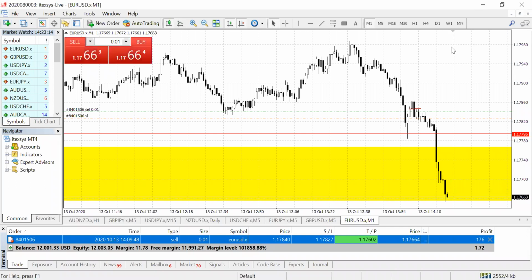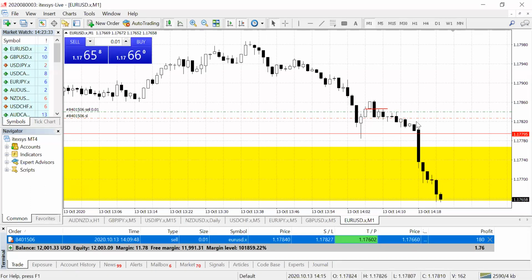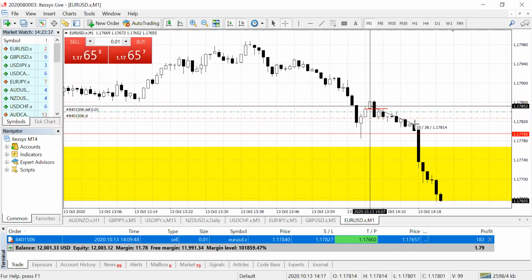I need to understand that the market is moving faster in my favor, correct? So let me explain. Look at this movement right here, okay? I'm on the 1-minute chart, correct?